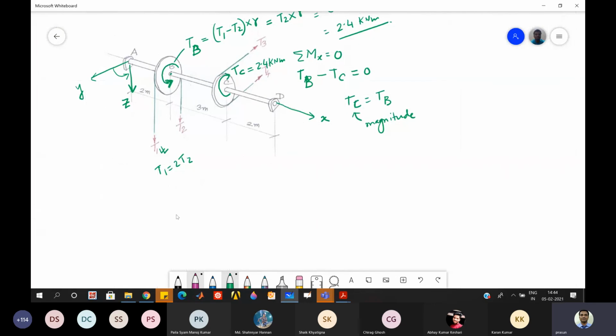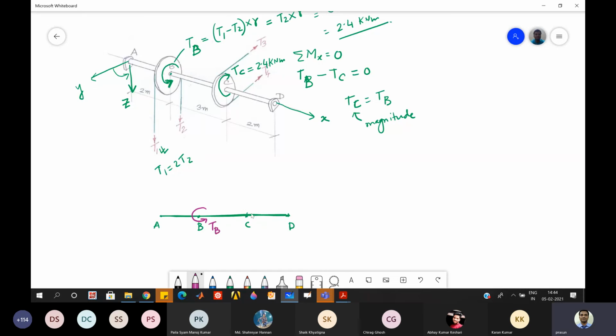Now you come up for the diagram. For drawing this twisting moment diagram, again I have to make the shaft horizontal. This is your starting point at A, and 2 meter apart there will be a B point, then another 3 meter you'll have a C point, and then 2 meter apart you'll have a D point. Here I'll show the forces.